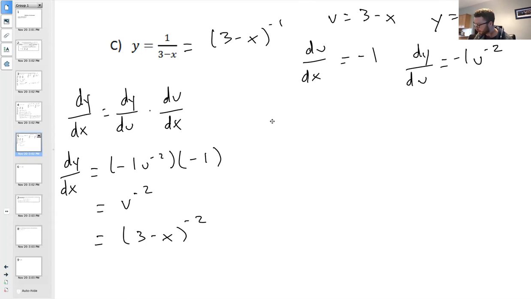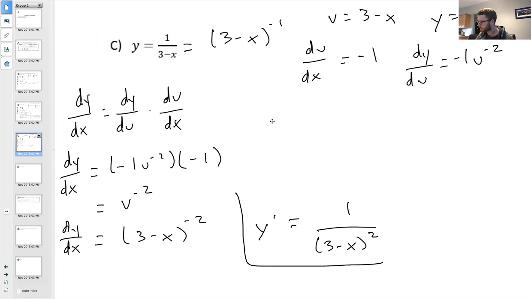And we do not like negative exponents, so we will rewrite this as 1 over 3 minus x to the 2.